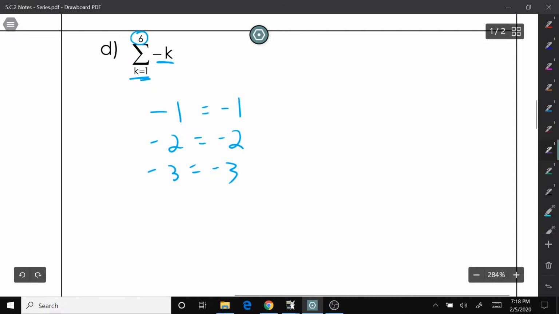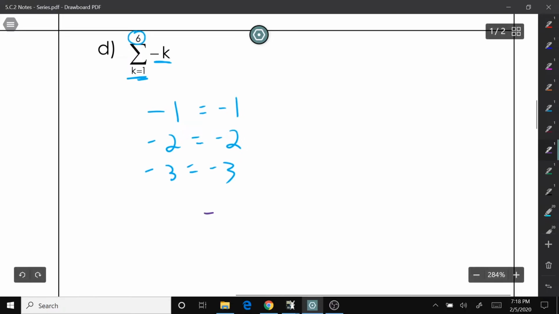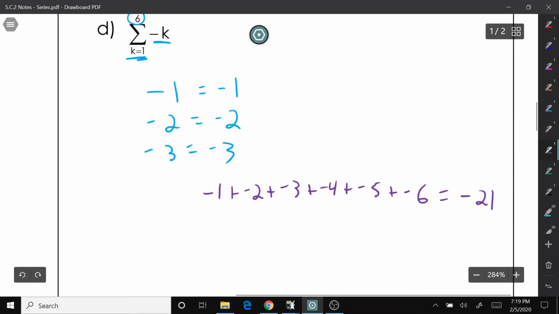So for the sake of time, I'm just going to add negative 1 plus negative 2 plus negative 3 plus negative 4 plus negative 5 plus negative 6. And that gives us negative 21. So the numbers are going down by 1, or adding negative 1. Since we're adding the same amount each time, this is arithmetic.